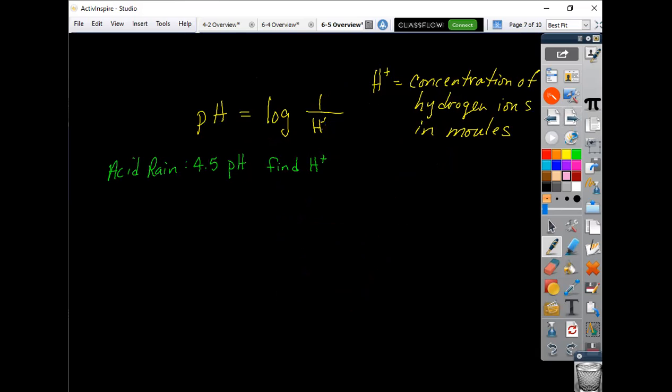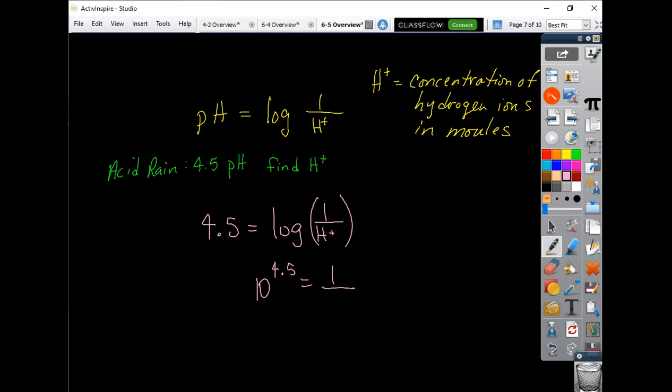If they tell us acid rain has a pH of 4.5, that's my answer over here on the left. And we're supposed to be finding the concentration of hydrogen ions. So what's my base here if nothing's written? Whenever your variable's in this expression, that means write an exponent problem. So this is base 10 to my power.